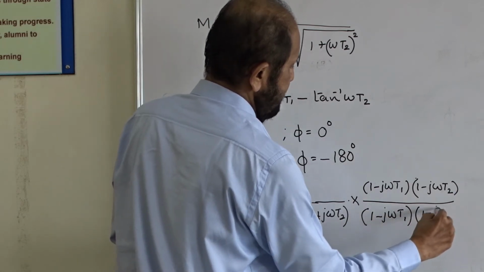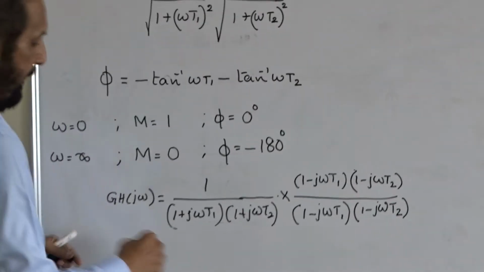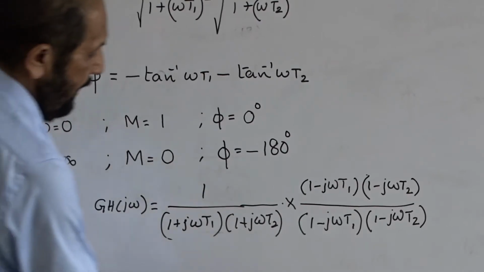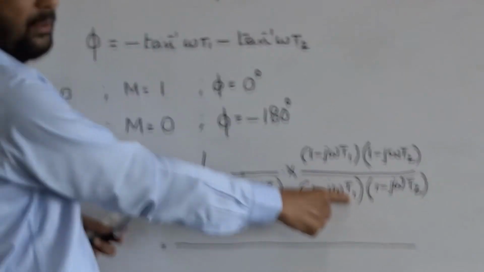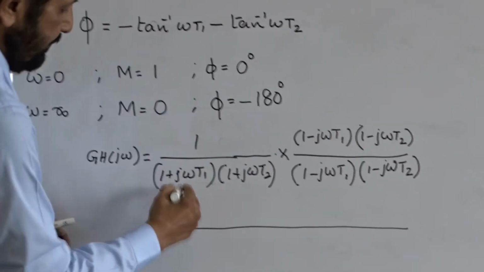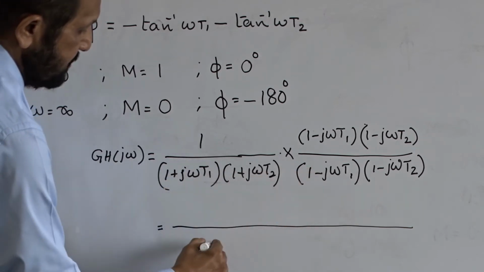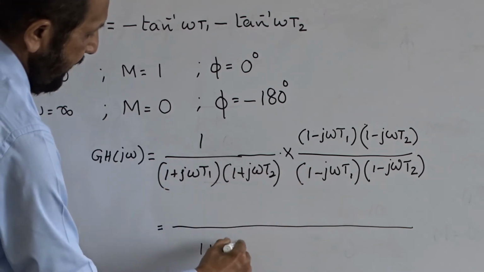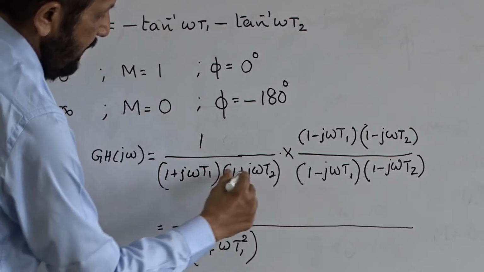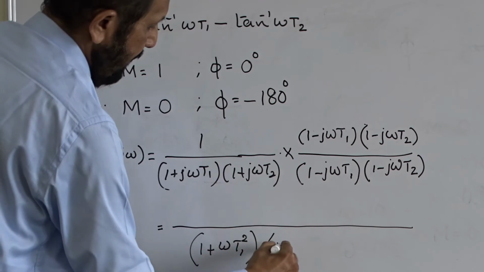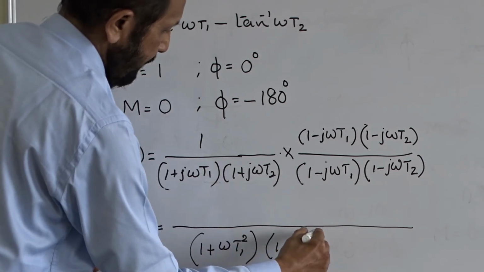Applying (a plus b) into (a minus b) equals a square minus b square, multiplying these two you get 1 plus omega square t1 square, and multiplying the other two, you get 1 plus omega square t2 square.